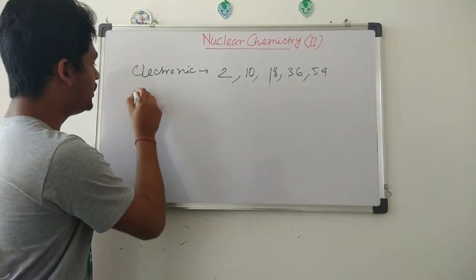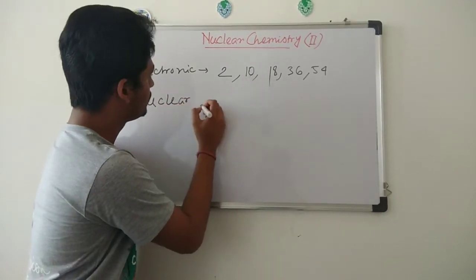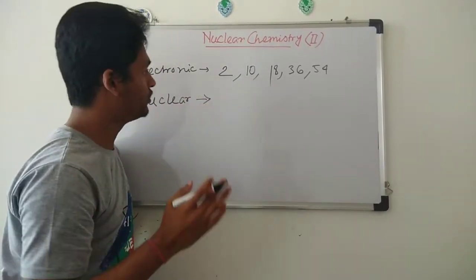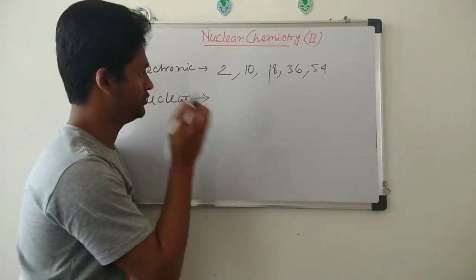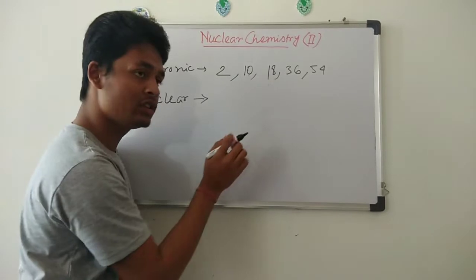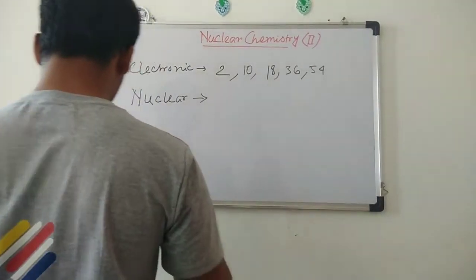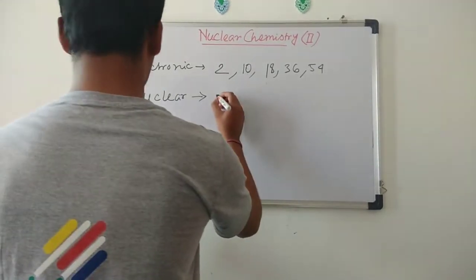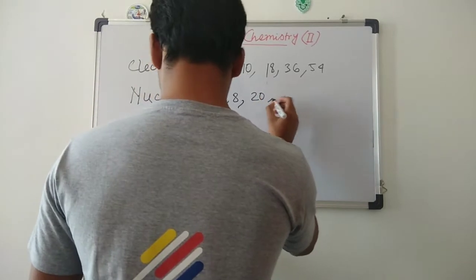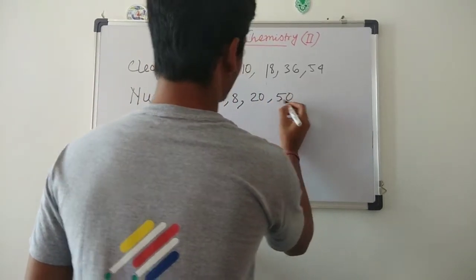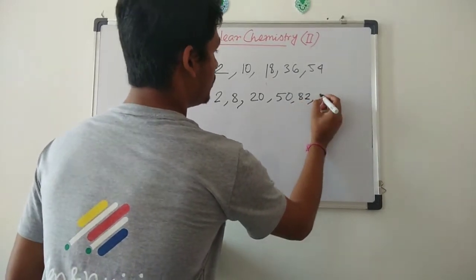Like this, in case of nuclei also, there are some numbers. If your neutron or proton number is one of these, that time this will be very much stable. So what are those numbers? Let me write them down. That is 2, 8, 20, 50 and 82, 126.